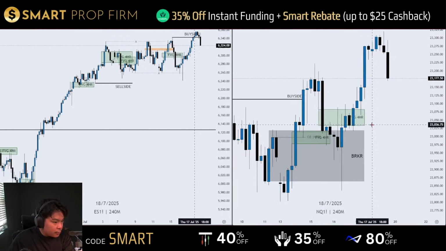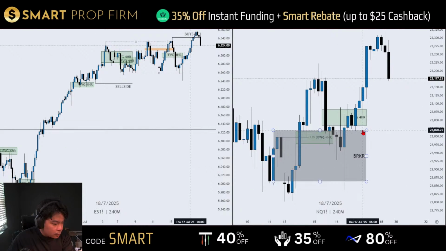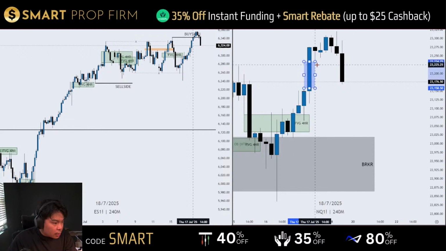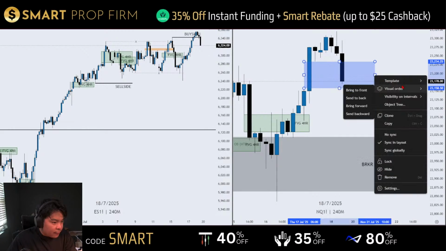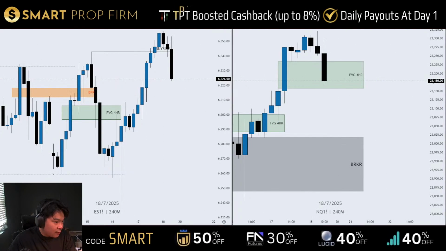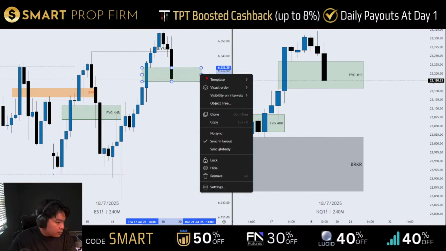Check the 4-hour. This looks like a mess, but yes, 4-hour gap fill is what it's looking like right now. If we flip this, we do have something that we can work for lower.